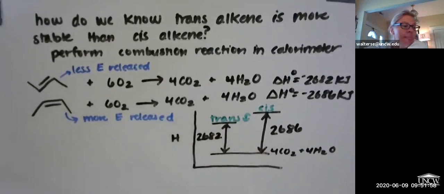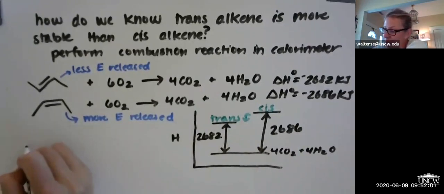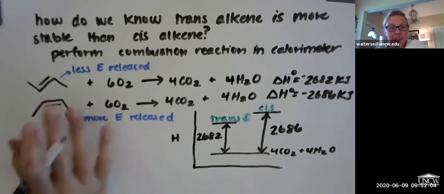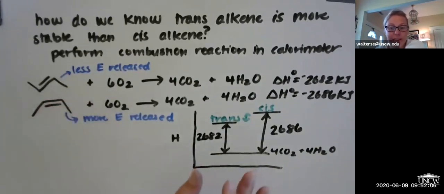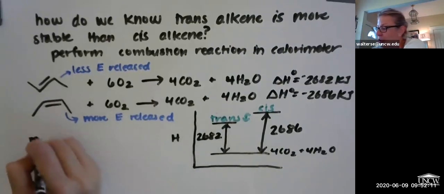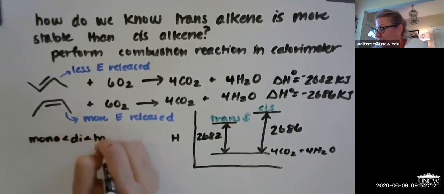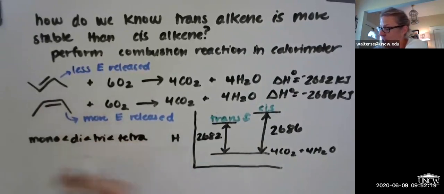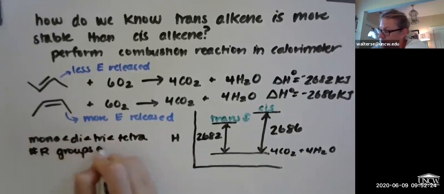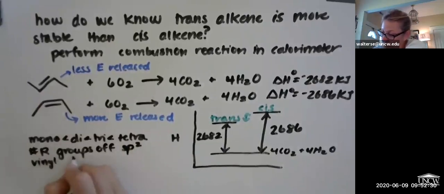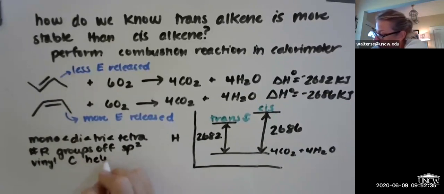Okay. So as you go, it's a little bit more difficult when the molecules aren't exactly the same because you have to normalize the enthalpy diagram. But as you go from mono to di to tri to tetra, the number of R groups off your sp2 vinyl carbons helps stabilize the pi bond.